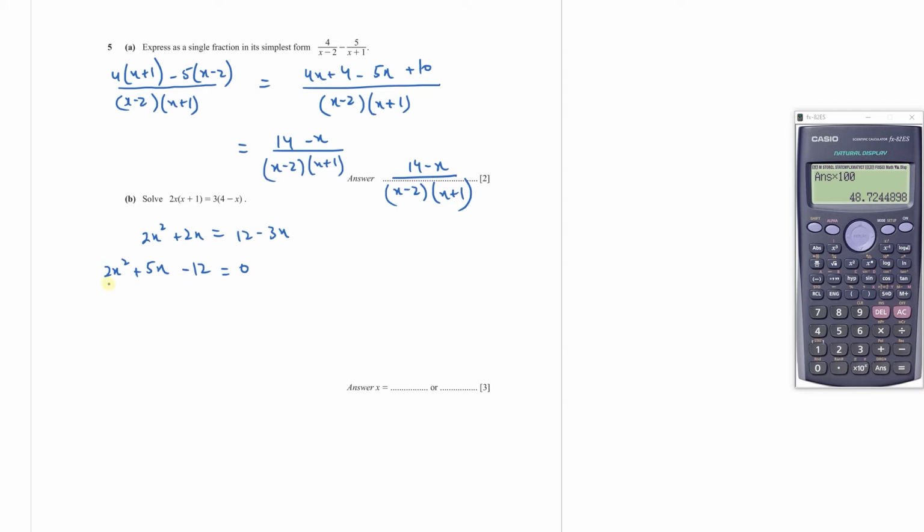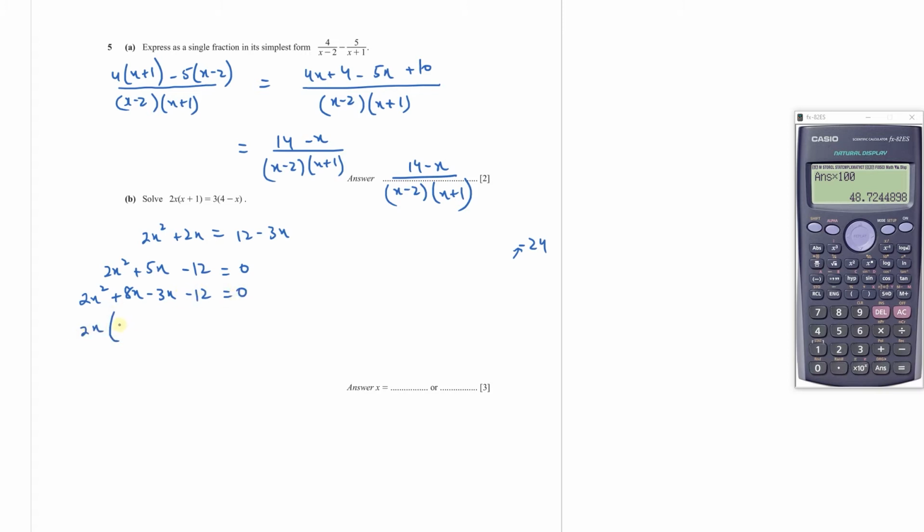So minus 12 times 2 is minus 24. Since I have a negative sign here, I'm looking for factors of 24 which I subtract. I should get a value of 5. So which are the two factors whose difference is 5 and whose product is of course 24? They are 8 and 3. 2x squared plus 8x minus 3x. If I multiply 8 with minus 3, I get minus 24, and 8x minus 3x is plus 5x, and then minus 12 equals 0.